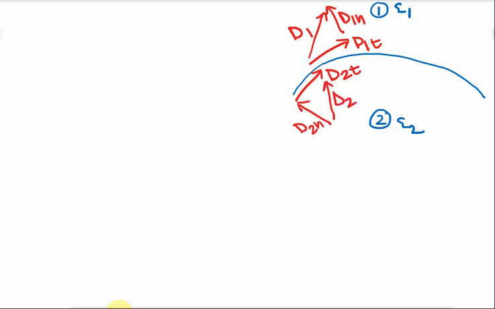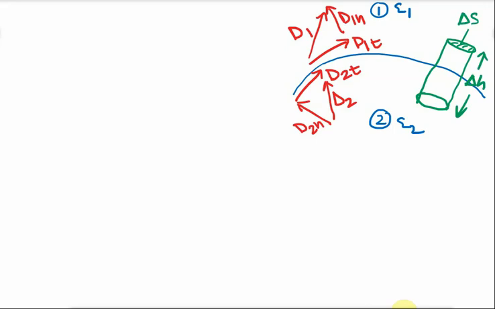Now in the previous case we had considered a closed rectangular path. Now we will consider a closed cylindrical surface, whose area is del S and whose height is del h.